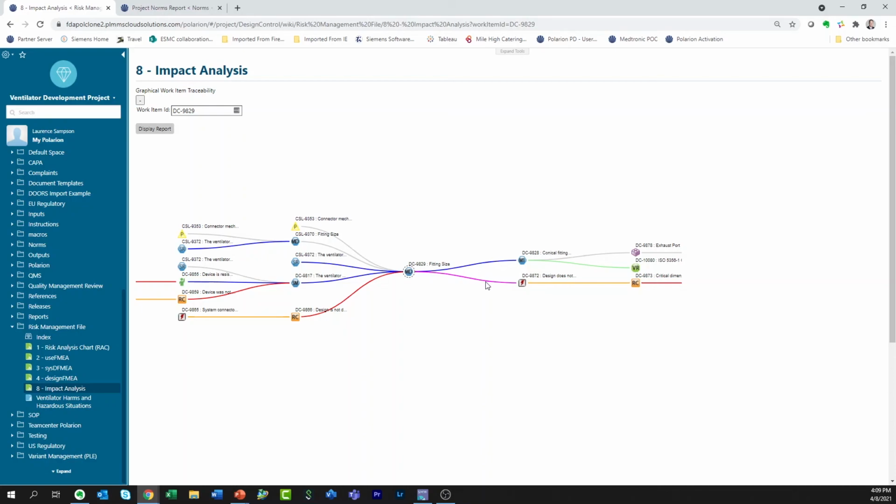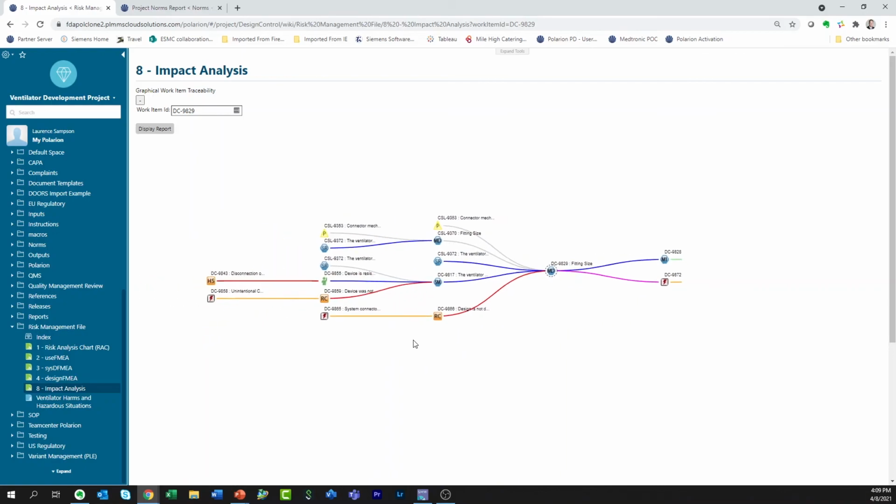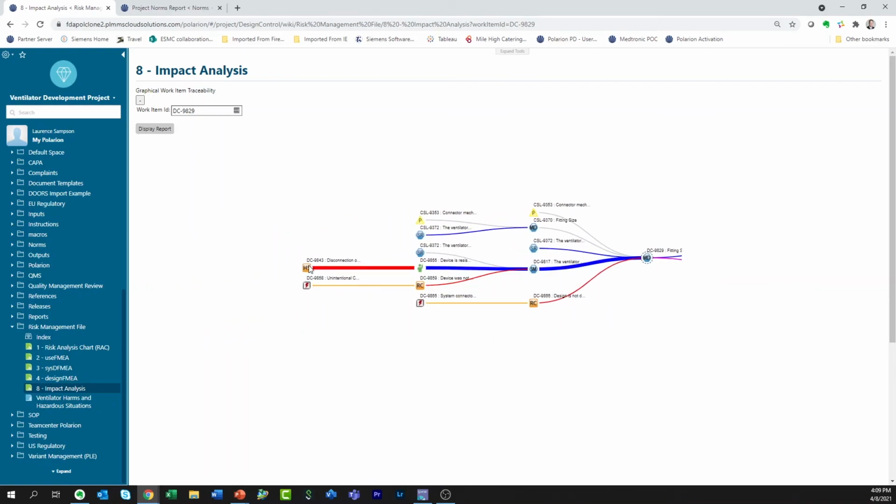What are the risks for us not meeting that specification from a process failure mode analysis standpoint? And also, where did this all come from, right? It came from a system requirement, which came from a system requirement, which came from a user need, which then, of course, leads to a hazardous situation that we're trying to mitigate.